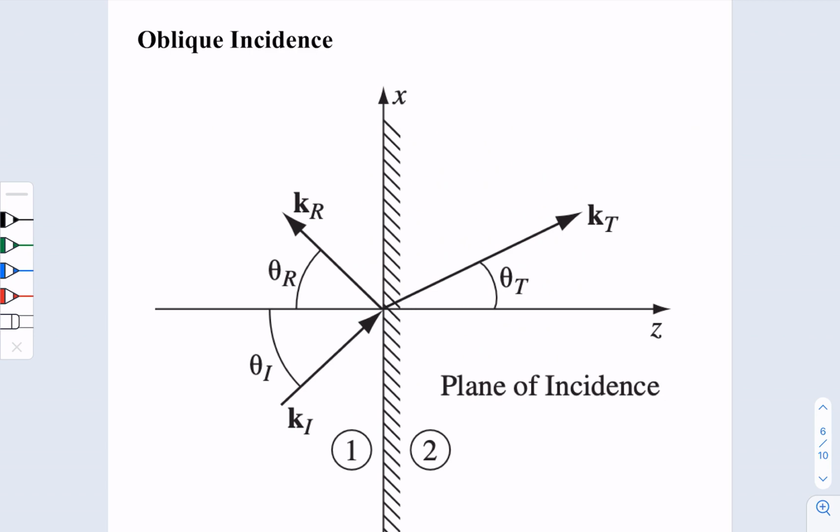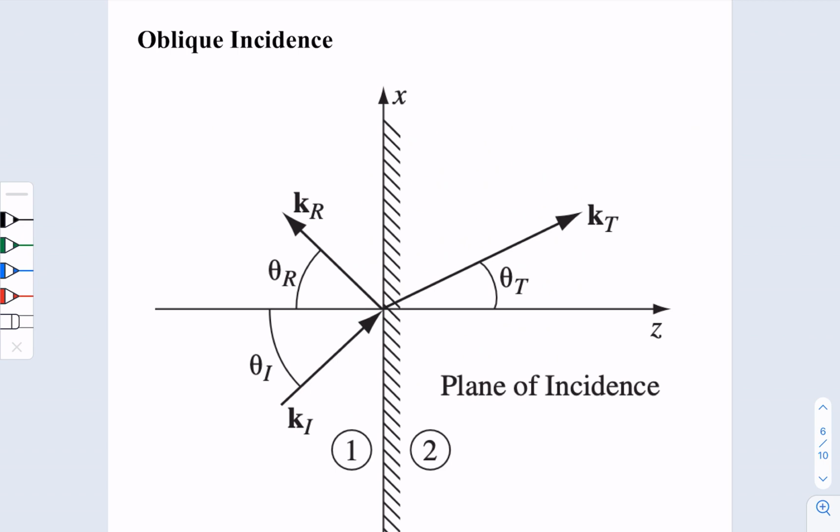And then the reflected angle must be equal to the incidence angle, and there is the additional famous law called Snell's law. So it can relate the angle of incidence to this transmitted angle by a sine function, and also the refractive indices n1 and n2. Okay, but you haven't learned how to derive these equations, right?